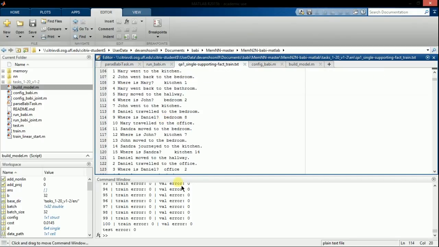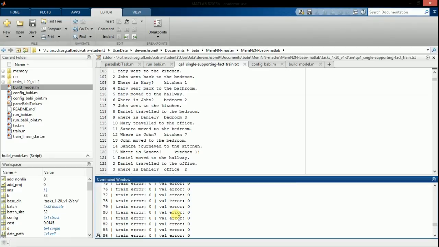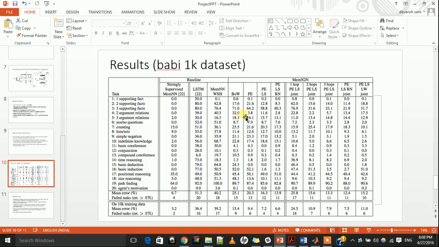Now, as you can see, we got the test error which is 0. Take a look at the combined results which were published in the paper. You can see for task 1 the error rate is around 0 for the PE LS RN model, which is what we are running now.